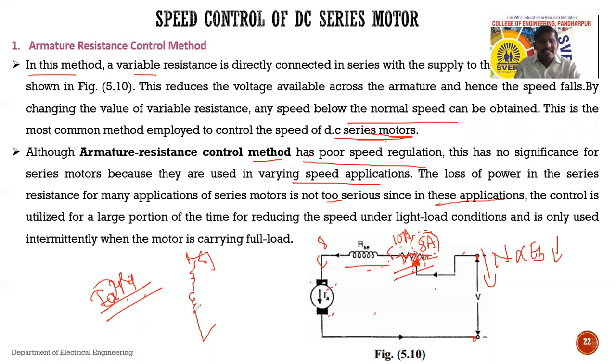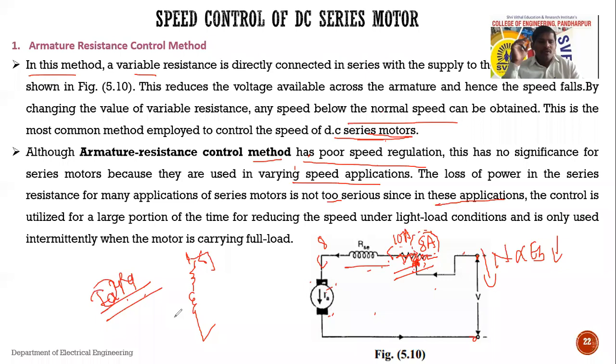Okay, what is the loss? That is copper loss. It is more because we are inserting resistance in series with the field winding as well as the armature winding. The armature carries a current, and the same current flows through that resistance. Due to that same current, the loss across the machine is more.